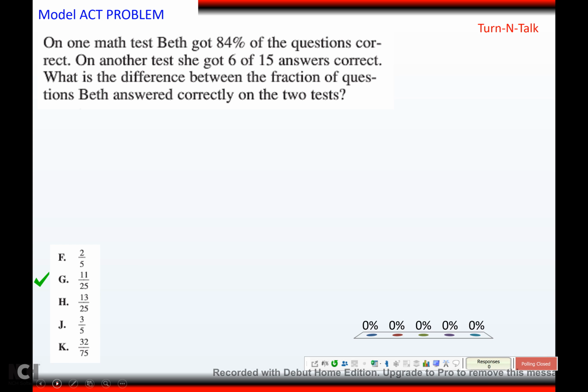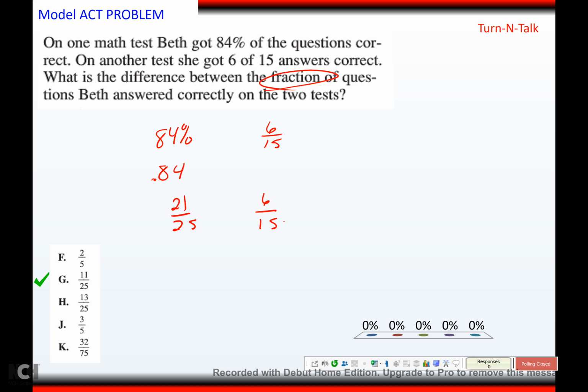G. On one math test, Beth got 84% of the questions right. On another test, she got 6 out of 15 answers correct. What is the difference between the fractions of questions? Well, first of all, I have to turn them into fractions. So 84% would be 0.84, and 0.84, Math, Enter, is 21 over 25, and this is 6 over 15.